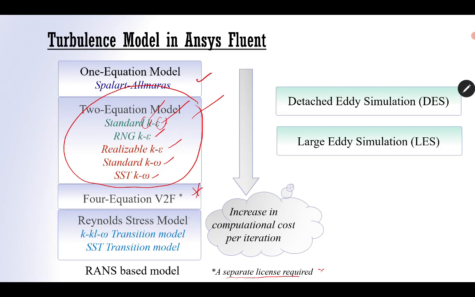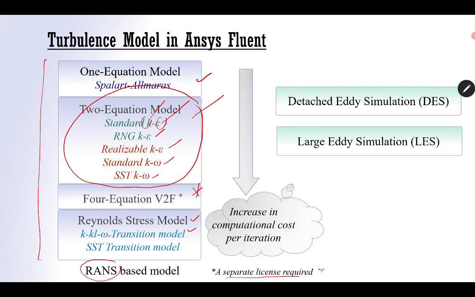And we have the Reynolds stress model, with the transition model, SST and K omega transition model. This is based on the Reynolds averaged Navier-Stokes equation.